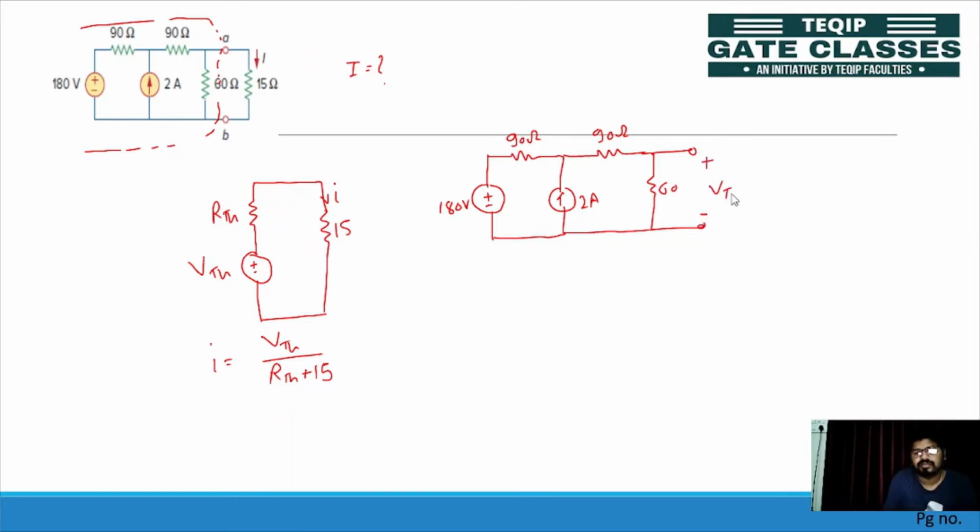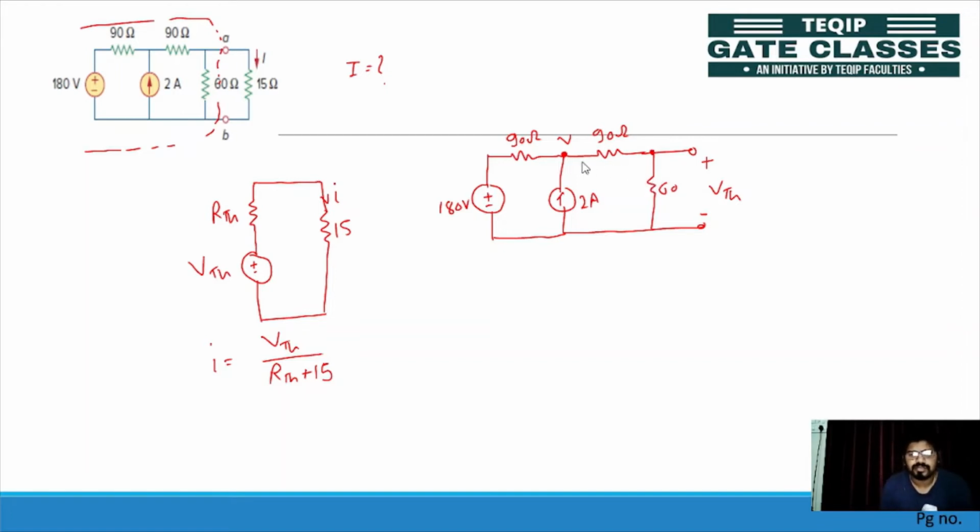This is your VTH. So here you can apply any method, nodal, mesh, whatever you want. Suppose we are applying nodal, you can assume that this is V. Here at this node the voltage is VTH, we'll take care of it later.